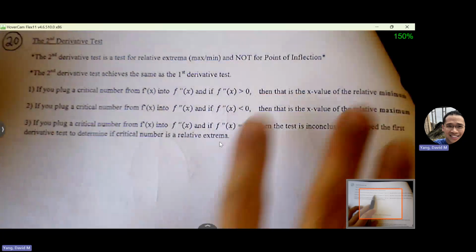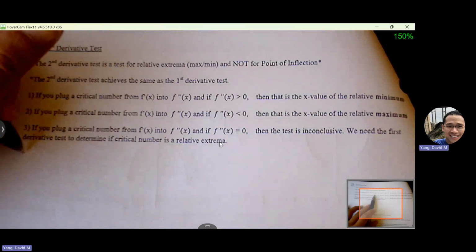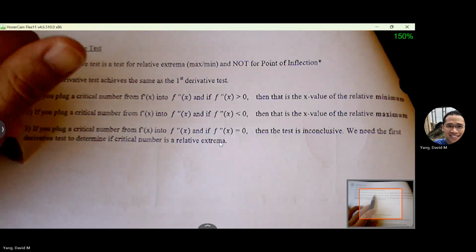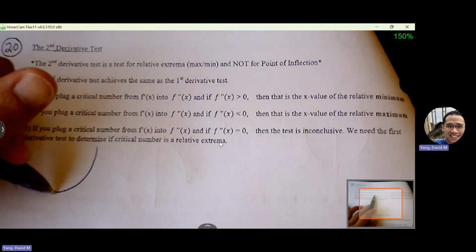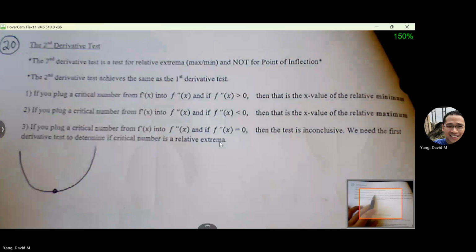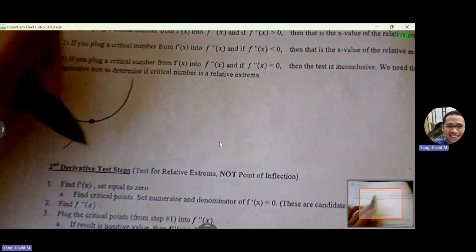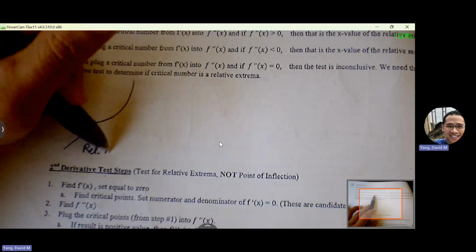So this is what I want to show you here. I want to sketch a graph here, and I want to highlight a point here. Now this, you can tell, is a relative what? Relative minimum. Okay.